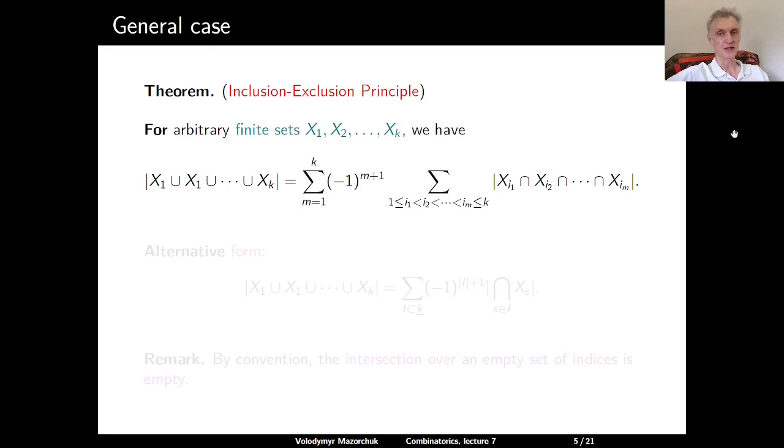And we take the cardinality of the intersection of X_{i_1}, X_{i_2}, and so on, X_{i_m}.